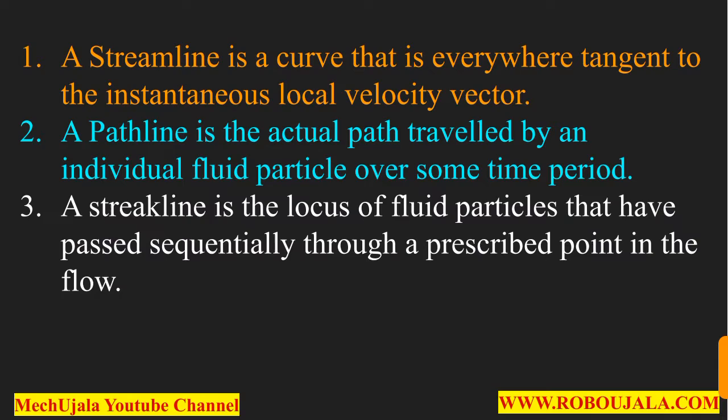Now there are some basic definitions. A streamline is a curve that is everywhere tangent to the instantaneous local velocity vector. Remember, a streamline is a curve that is everywhere tangent to the instantaneous local velocity vector, but a path line is the actual path traveled by an individual fluid particle over some time period.